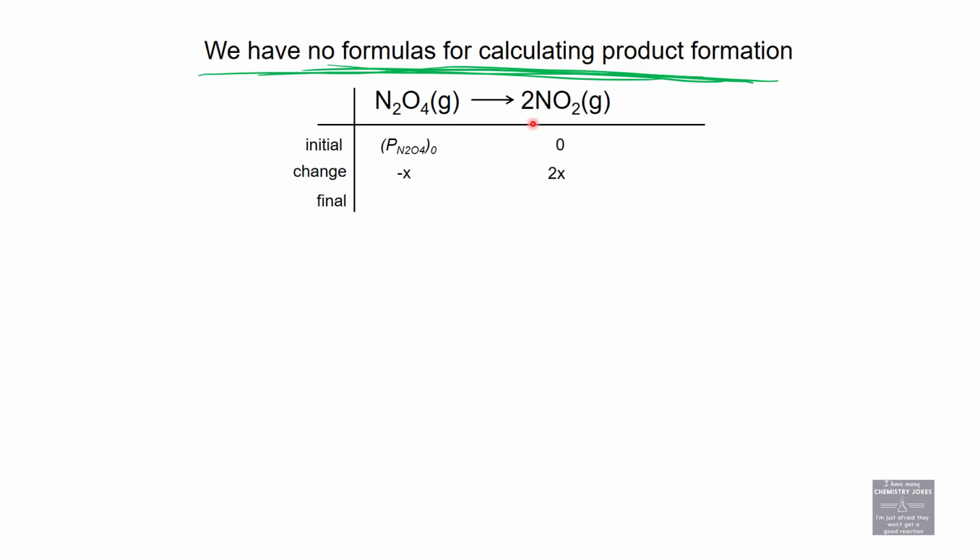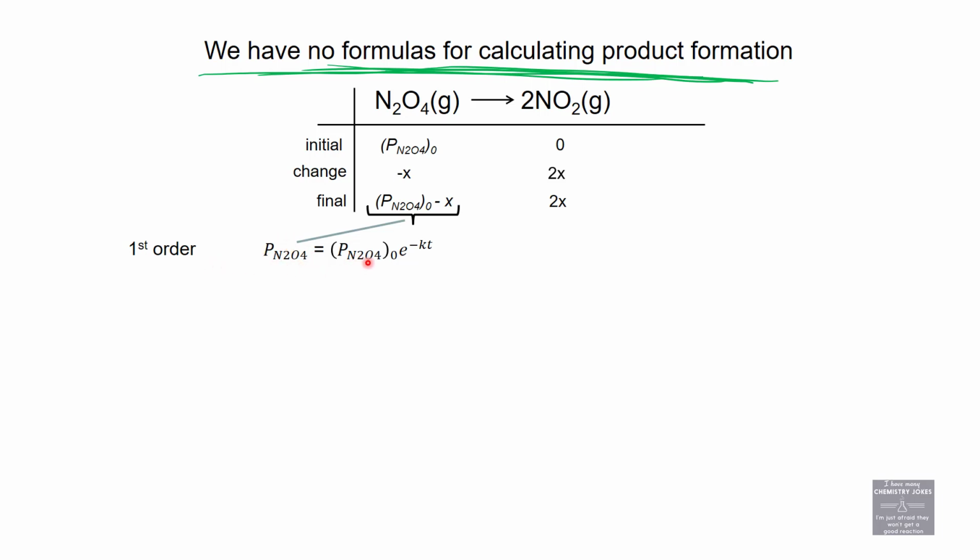Remember that coefficient matters. So my final concentration is going to be initial minus x, but my final product is just going to be 2x. So how do I use this to calculate what this should be? Using a concentration time equation, I can find the concentration final, the reactant's concentration at time t.